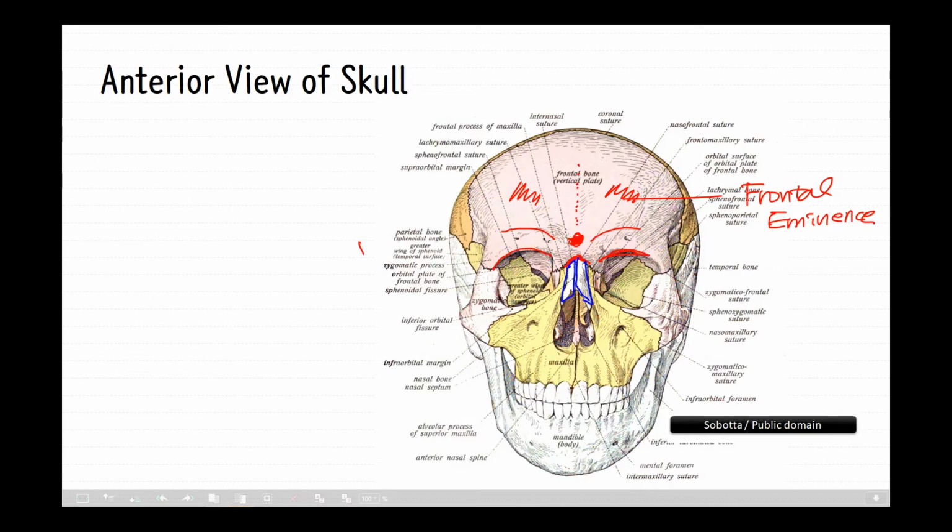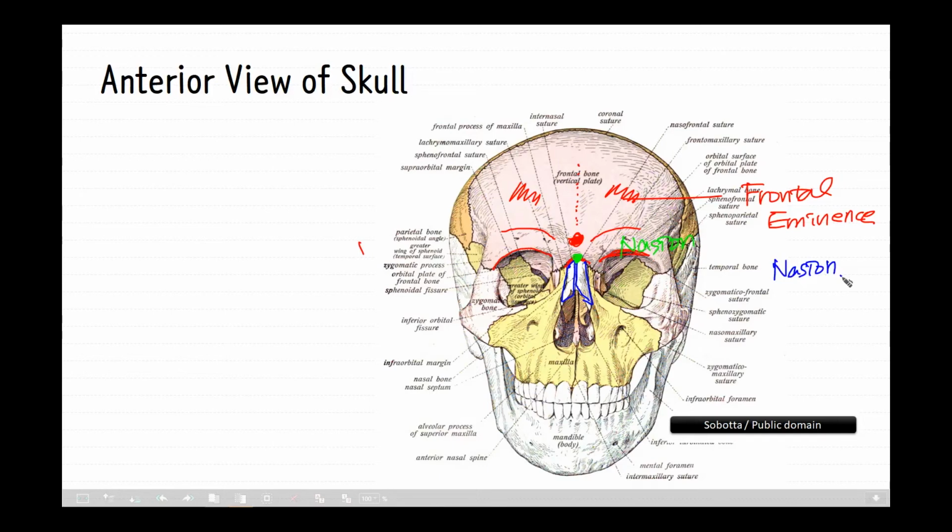Here, in the green dot, is the anthropometric or orthodontic landmark known as the nasion. I will write in a different color for better visibility.